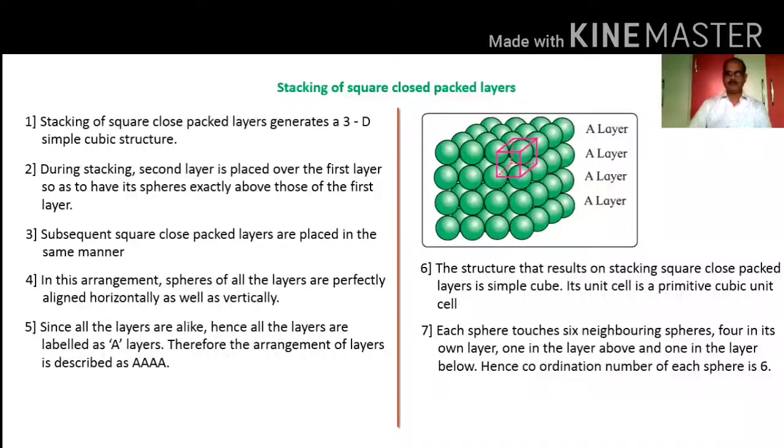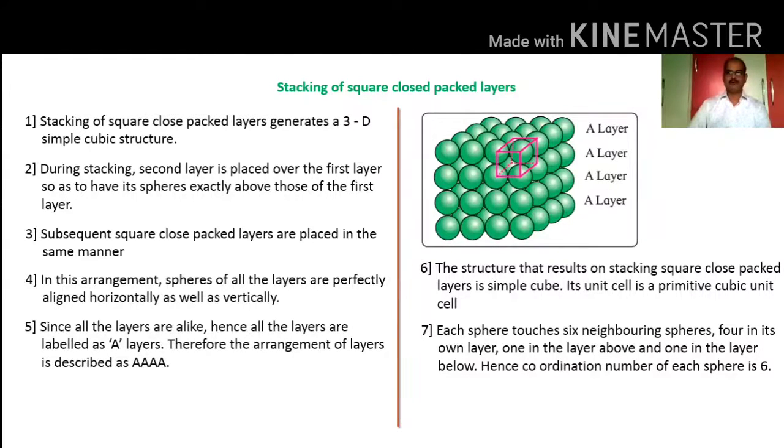It is observed that in this particular arrangement, each sphere will touch 6 neighboring spheres. Out of these 6 spheres, 4 will be in the same layer, 1 will be in the layer above, and the last will be in the layer below. Since each sphere touches 6 neighboring spheres, we say that the coordination number of each sphere is 6.